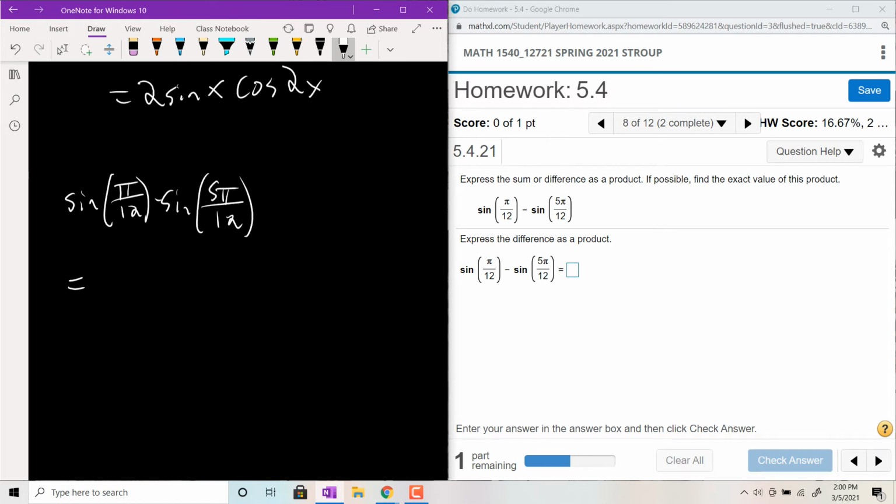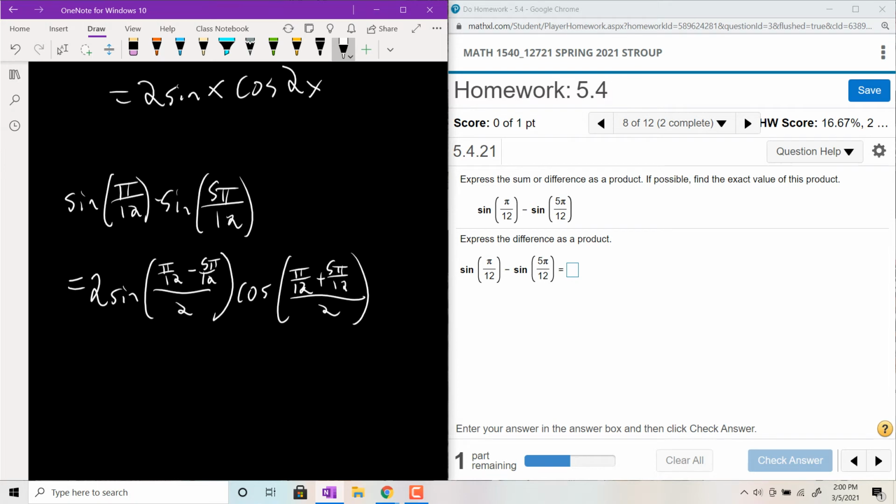So this will equal 2 sine of, and I'm going to write it out just to be careful, pi over 12 minus 5 pi over 12 all over 2. That's what's weird about it. You get these complex fractions. And then cosine of pi over 12 plus 5 pi over 12 all over 2.